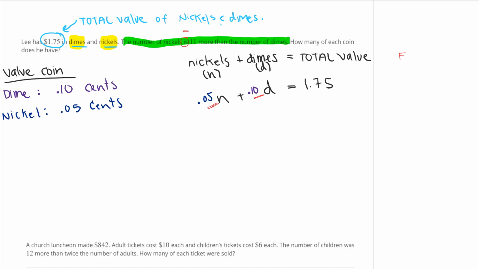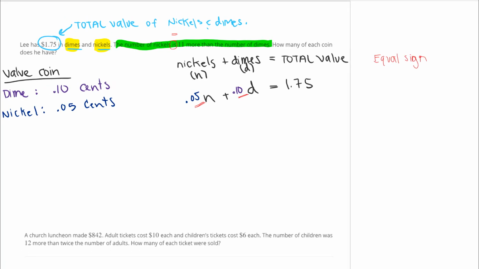So equal sign. We can think of is, and another good word to think of is also was. So is or was in a word problem involving math will translate to an equal sign.